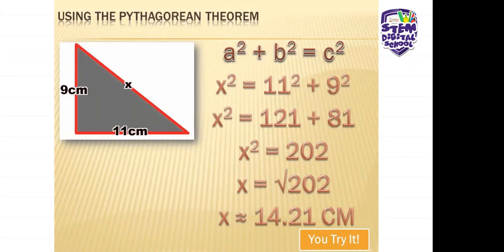Therefore, the square root of 202 will be 14,21 centimeters. So basically, that is what you have. So this was another example of Pythagoras, which we will certainly use going forward to find any missing sides, as I said in the beginning of the lesson.